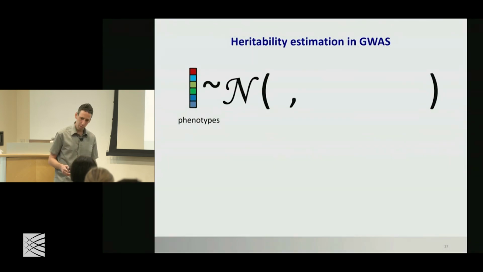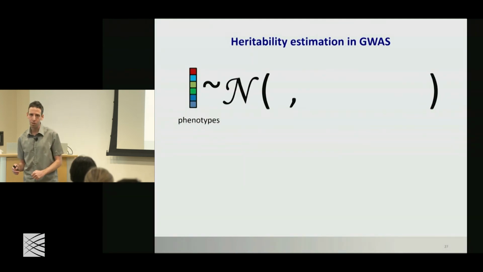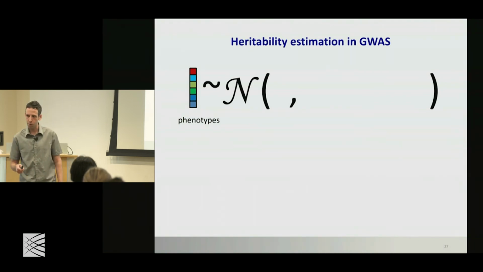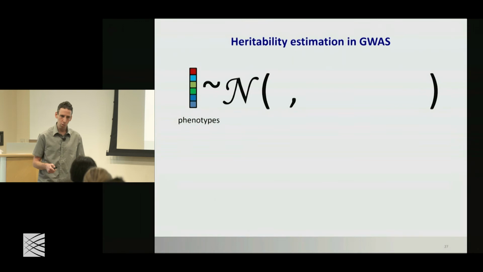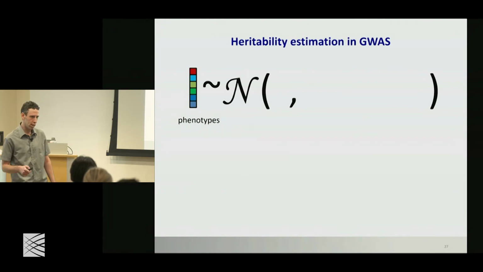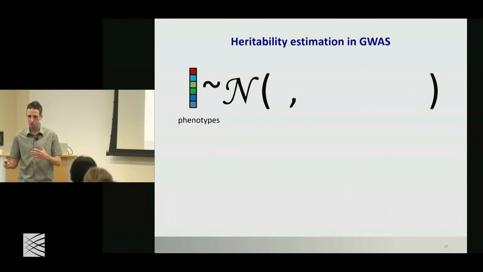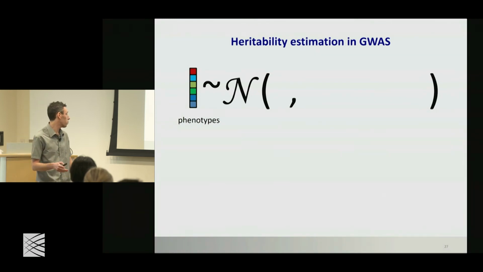In order to do that, I'm going to give a very brief review of how we typically estimate genetic heritability in GWAS. We have a vector of phenotypes, one phenotype for every individual, and we typically assume that this vector follows a multivariate normal distribution, which is the generalization of the normal distribution that you all probably know.